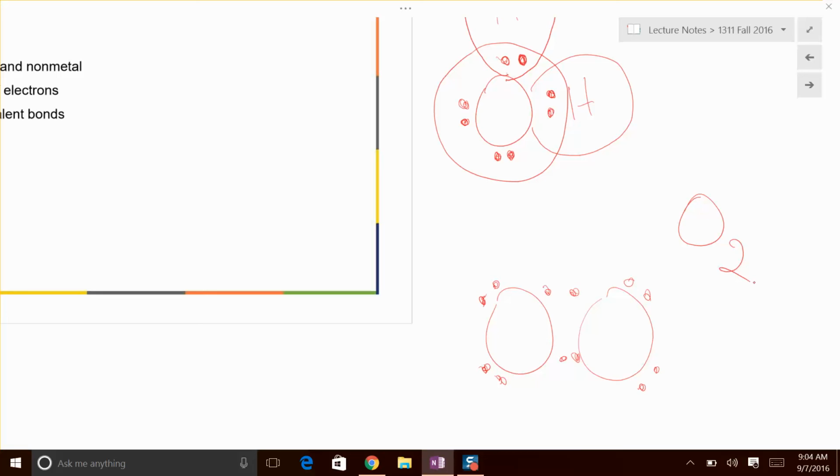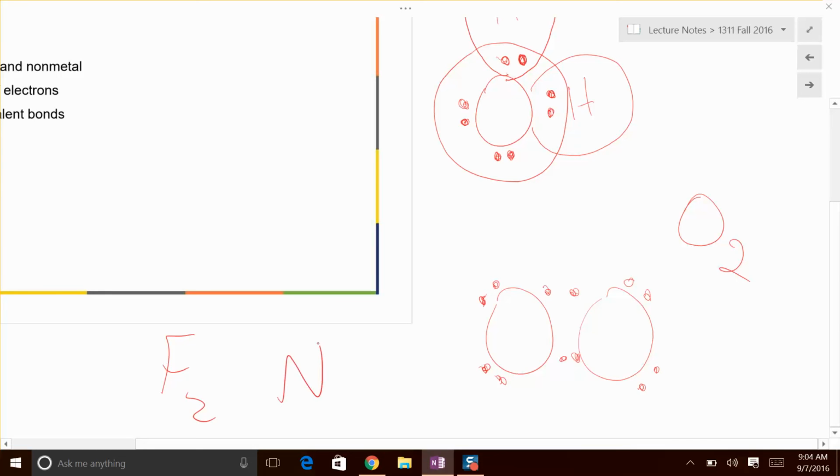But oxygen in the air is very stable. Why? Because it's sharing electrons with itself. So it has satisfied its octet valence shell by bonding to itself. Oxygen does not exist as just a single oxygen. Fluorine does not exist as just a single fluorine.